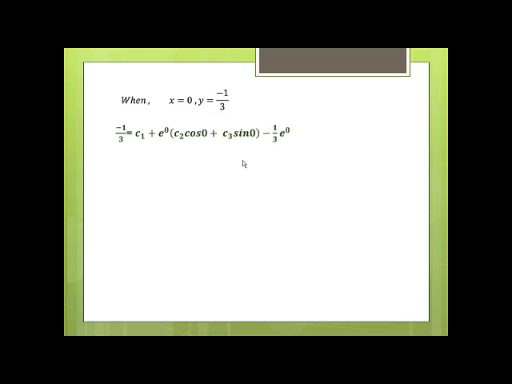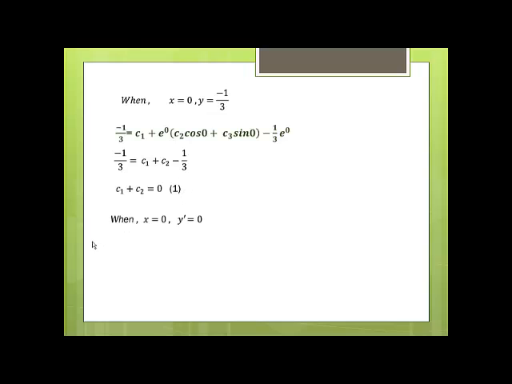The sin 0 will become 0, so negative 1/3 is equal to c1 plus c2 minus 1/3. We cancel the negative 1/3 on both sides. We have c1 plus c2 is equal to 0. So this will be our equation number 1.